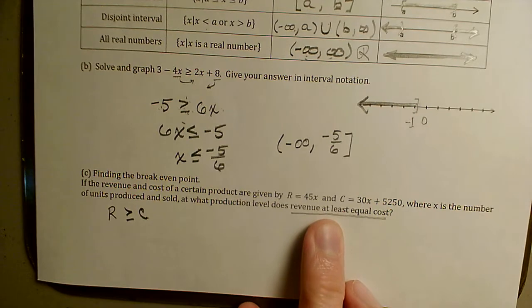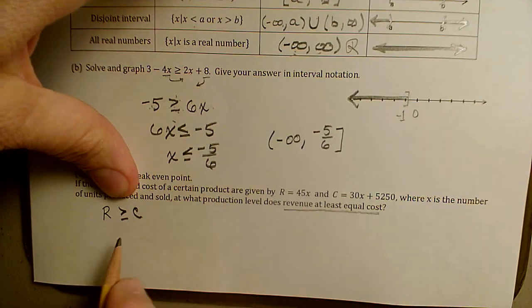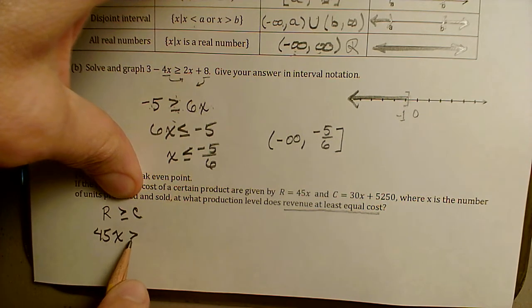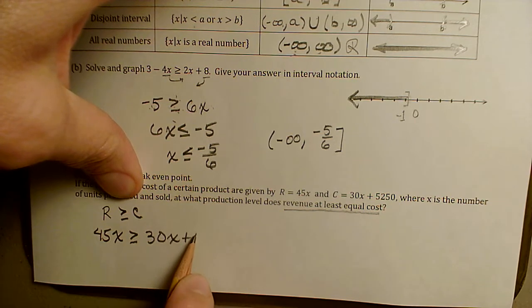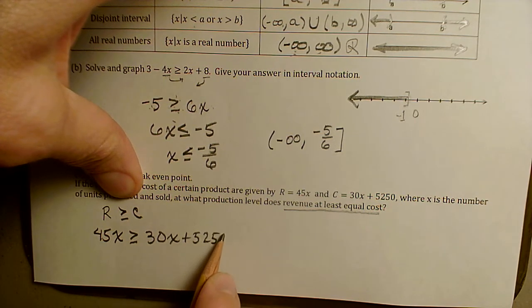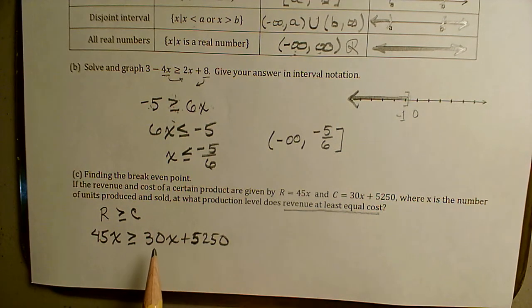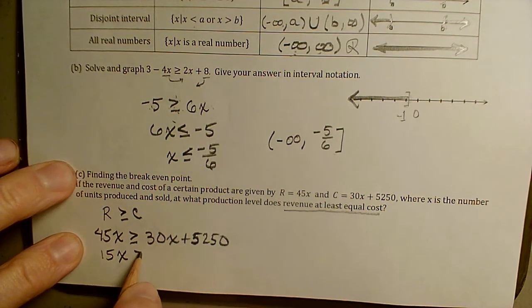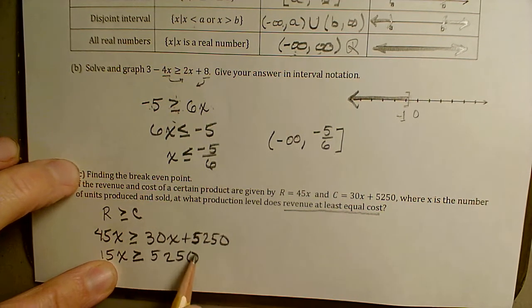So that's kind of what this is converted to. And so we just plug in our equations then. So that's 45x is greater than or equal to 30x plus 5,250. And then we'll just move the 30x over. That's 15x is greater than or equal to 5,250.